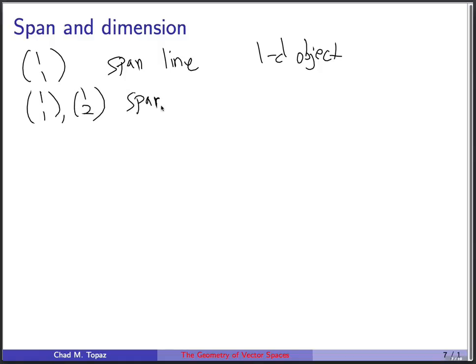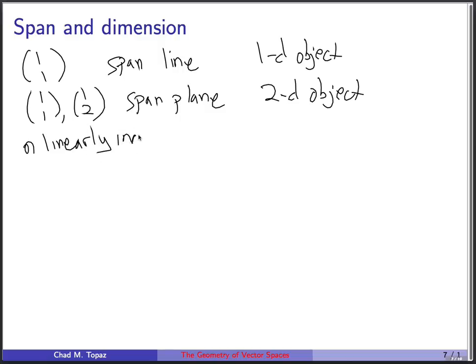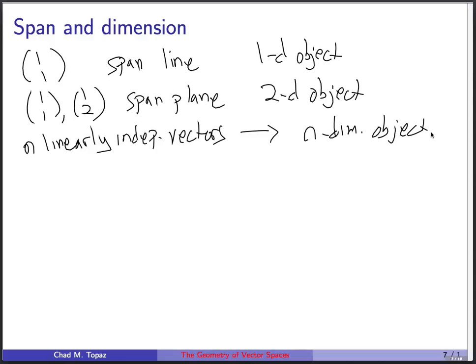The span is a plane. This is a 2D object. In general, n linearly independent vectors span an n-dimensional object. Like if you had 3, it would be 3D space. If you had 4, it would be 4D space, which is hard for us to envision in our heads, but that's okay.